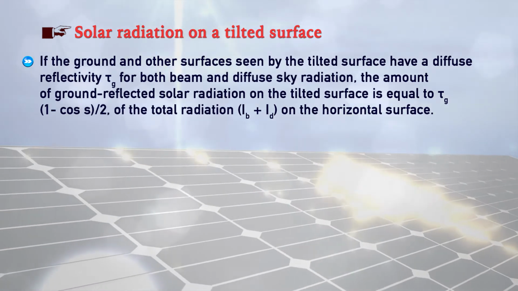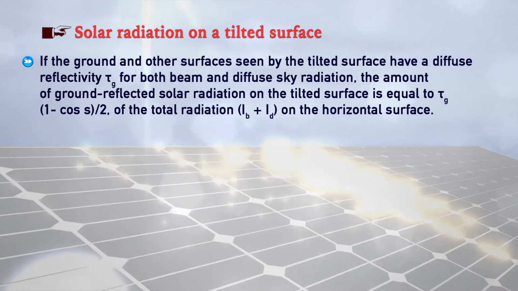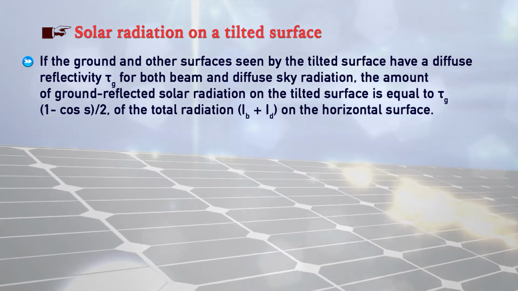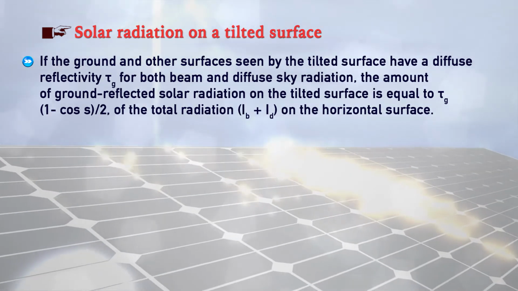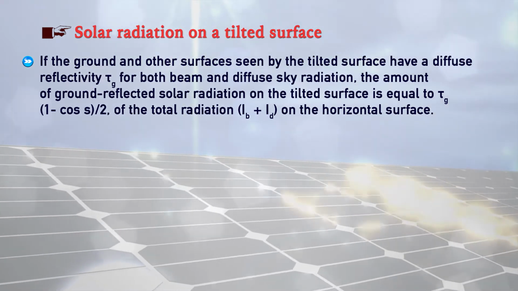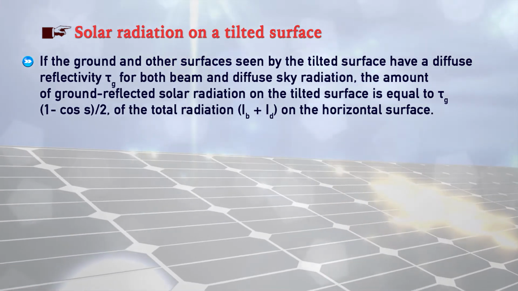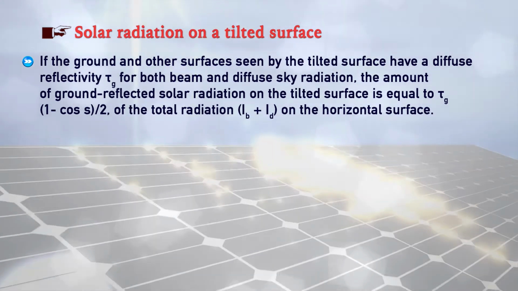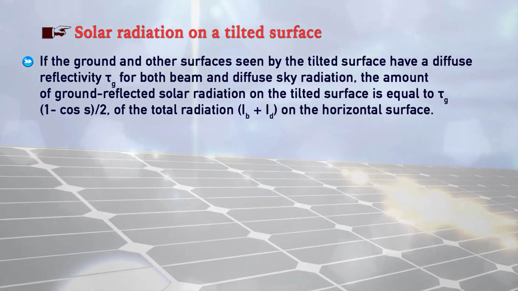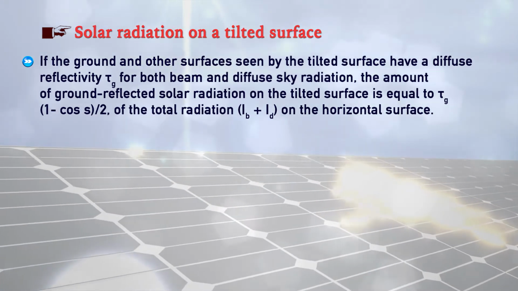If the ground and other surfaces seen by the tilted surface have a diffuse reflectivity, that is rho g, for both beam and diffuse sky radiation, the amount of ground reflected solar radiation on the tilted surface is equal to rho g multiplied by (1 minus cos S) divided by 2 of the total radiation, that is IB plus ID, on the horizontal surface.